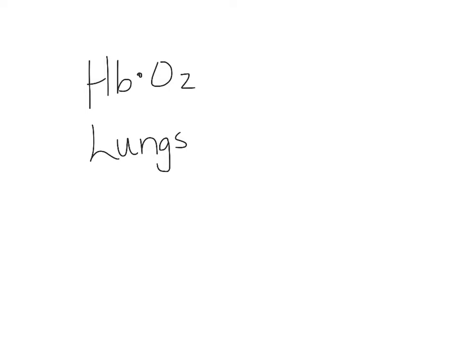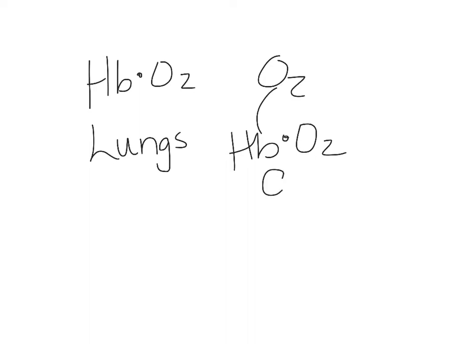But any oxygen that you breathe in, hemoglobin is going to bind very readily to that oxygen at the lungs, which means that if oxygen levels are high, then the carbon dioxide levels are going to be low. And you're going to find this anywhere in the blood. Whenever oxygen levels are high, carbon dioxide levels are going to be low.